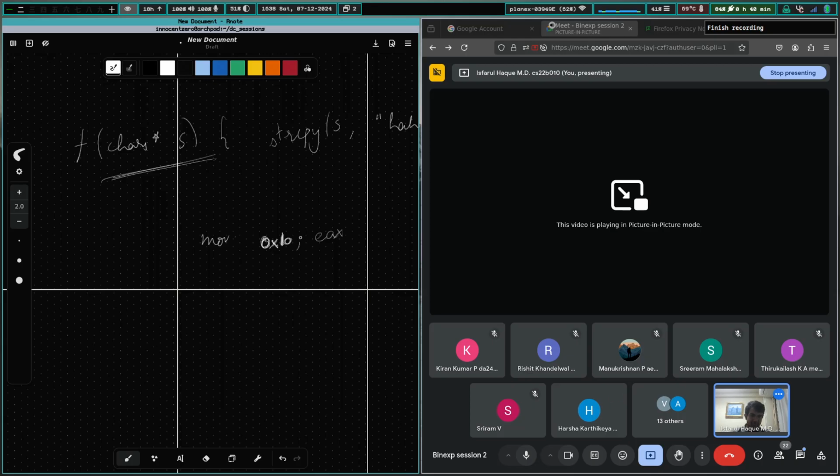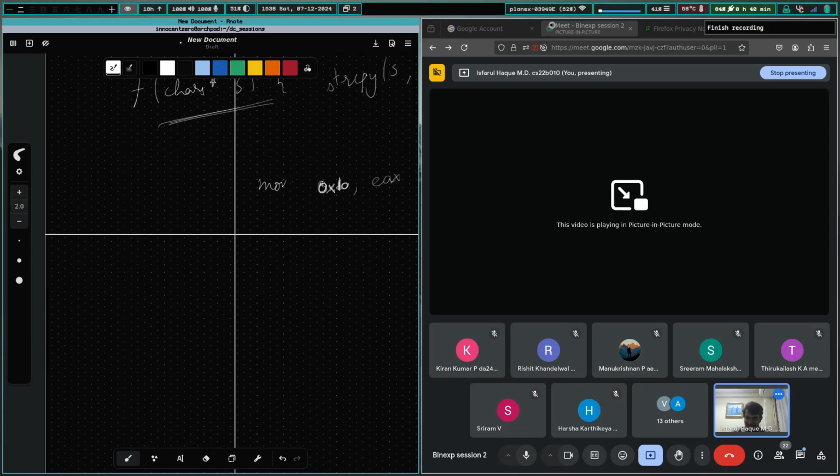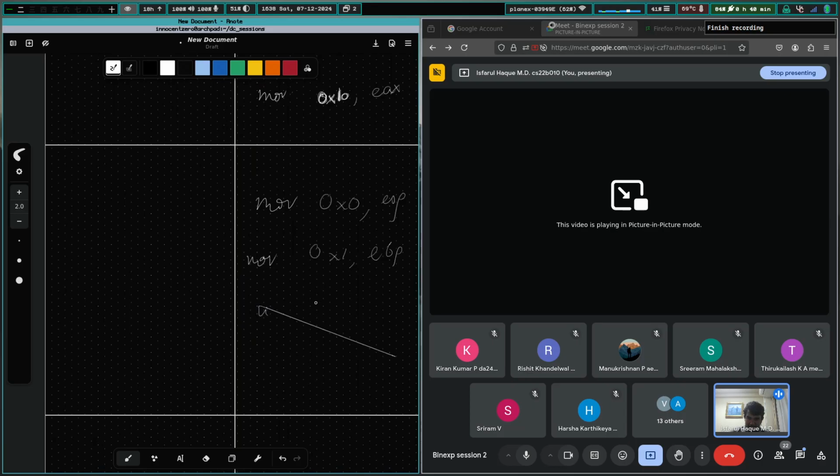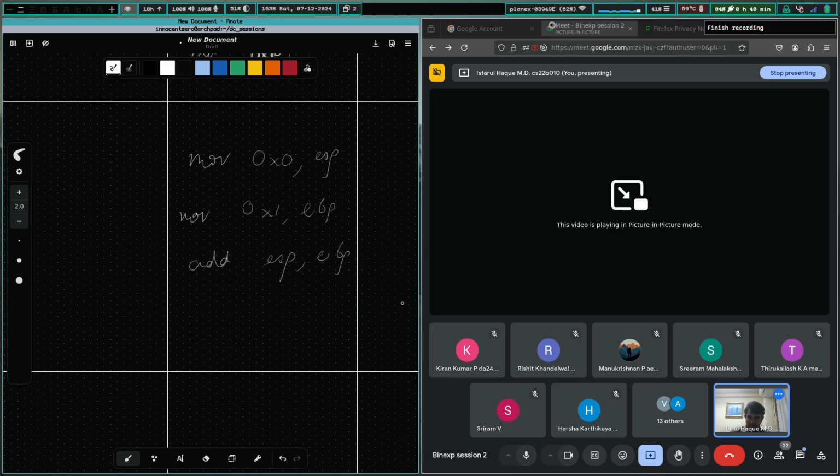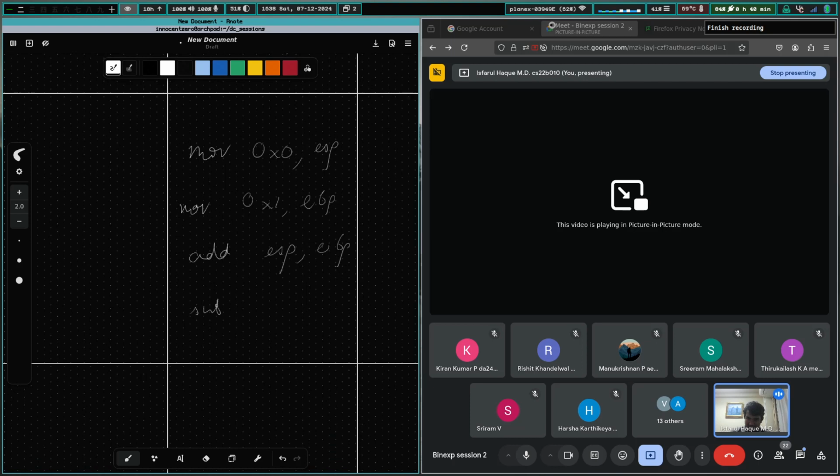Okay, so all of these are basically the same kind of thing, right? Yes. See, I can have an assembly program which does move 0x0 to ESP, move 0x1 to EBP, add ESP, EBP, sub EBP, ESP, and basically do arithmetic on ESP and EBP.